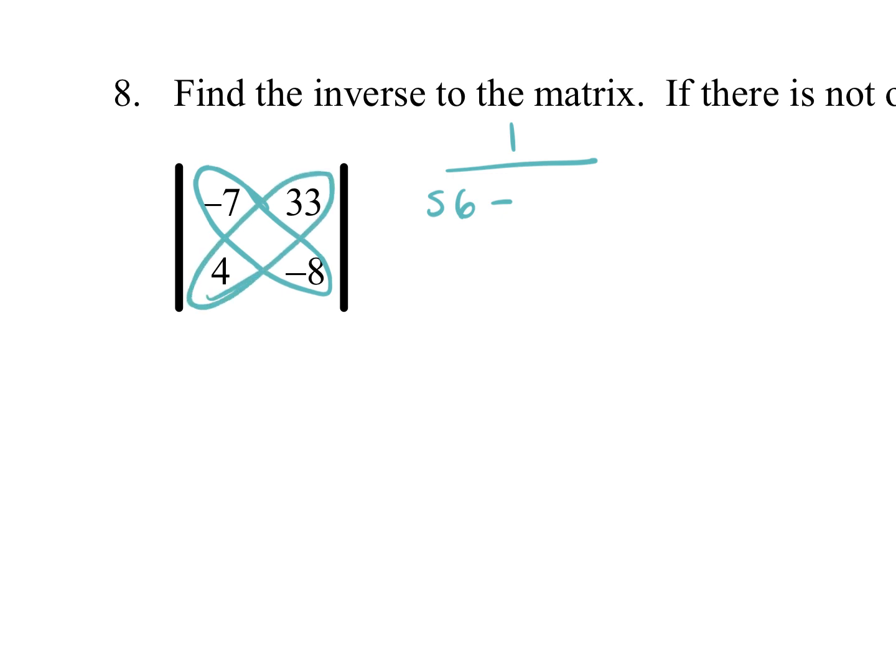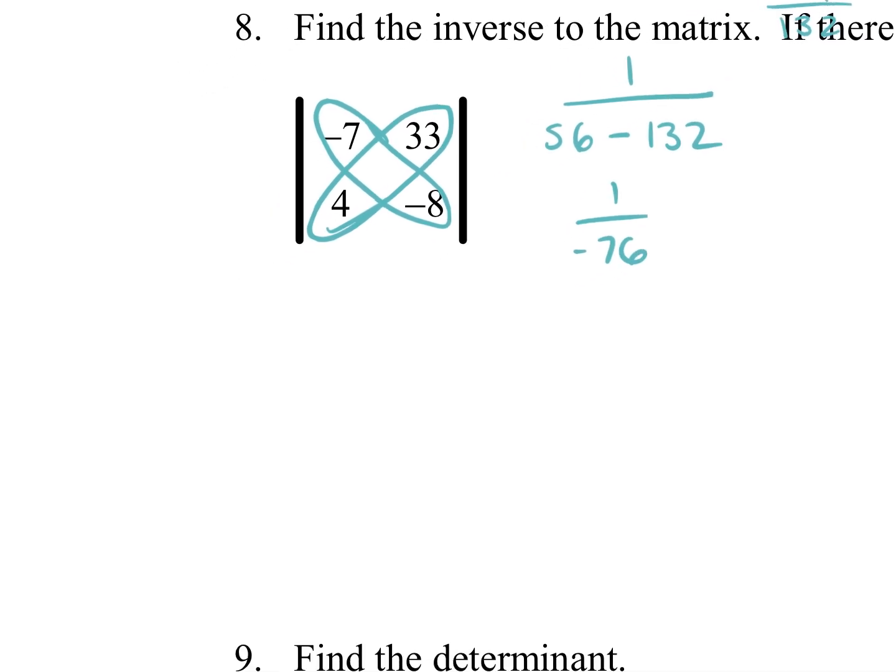So what's 4 times 33? Awesome, 132. What's 56 minus 132? So 1 over negative 76. Perfect. Now that's our scalar.